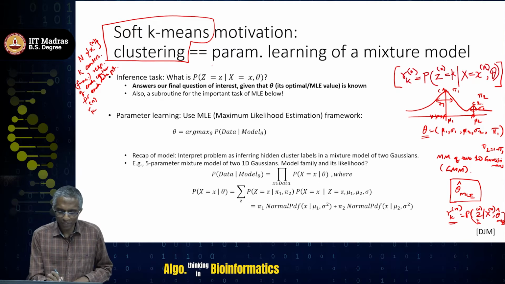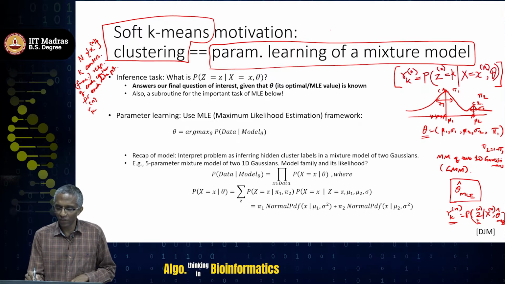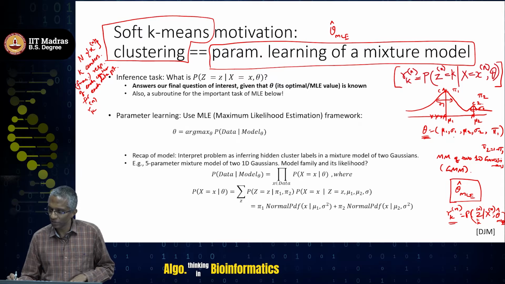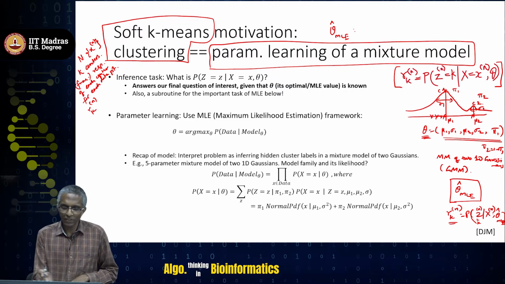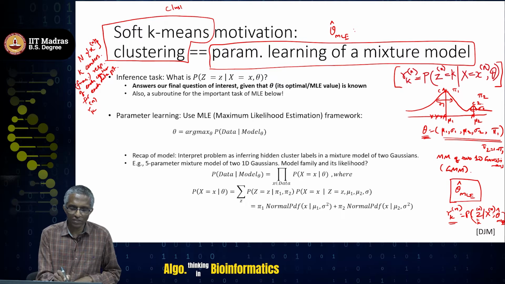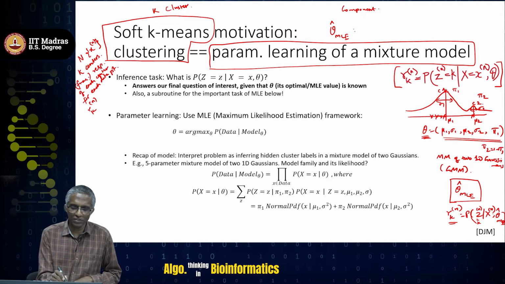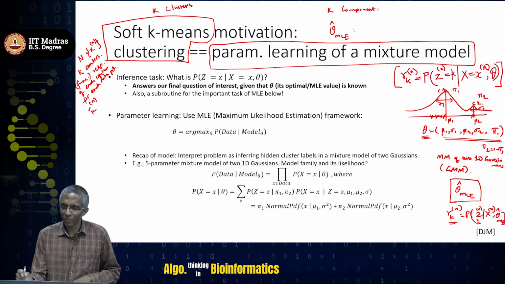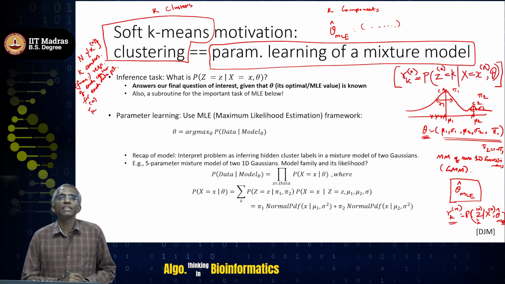Okay. But this parameter learning of a mixture model and then associated inference is essentially you want to figure out this theta hat MLE, these parameters of the mixture model. The correspondence between these two is that what we used to call clusters here is called a component in the mixture model. We had k clusters here, cluster centers, we have k components here, and then your theta hat MLE will tell you how the data is being generated, all of these parameters that will explain how the data is being generated.